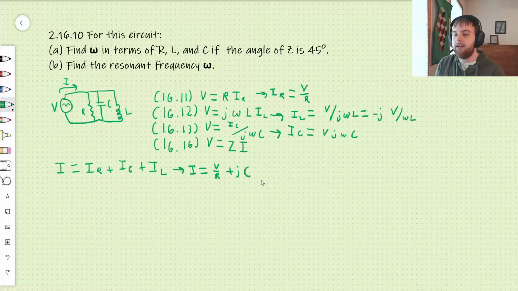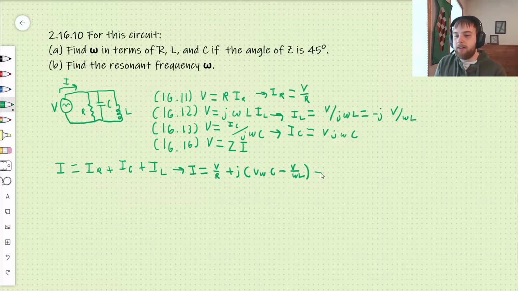We'll factor the J's out: V omega C minus V over omega L. Don't drop any of these negatives, because otherwise the problem becomes very difficult to solve. Don't ask me how I know.